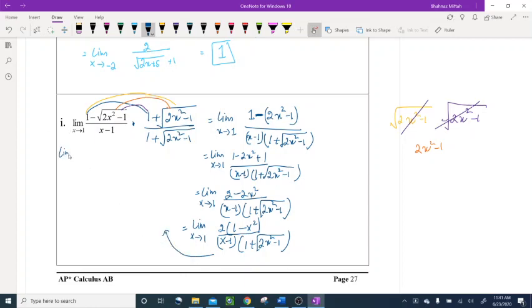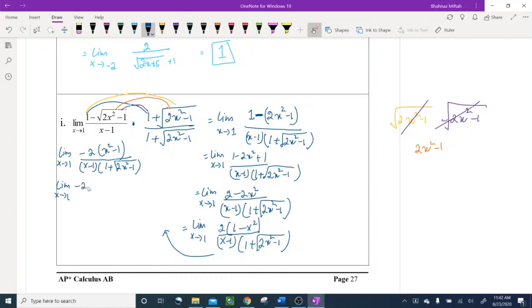I have limit as x approaches 1. Then what I'm doing, I'm multiplying this by negative, okay? So I have negative 2 times (x squared minus 1). If I multiply by negative, then this one turned negative and that one turned positive. Do you see that? And then in the bottom, again, the same thing, x minus 1, 1 plus the square root of 2x squared minus 1, and close. Limit as x approaches 1. Then let's open this up, this x squared minus 1.